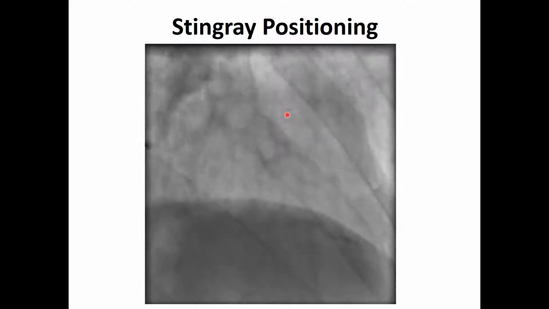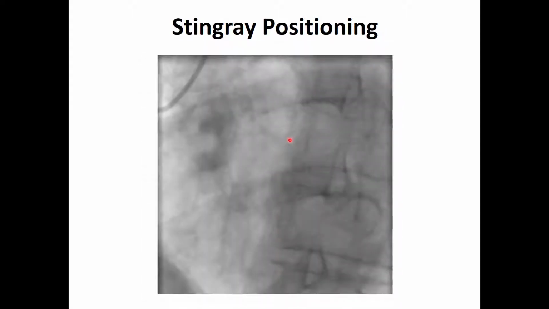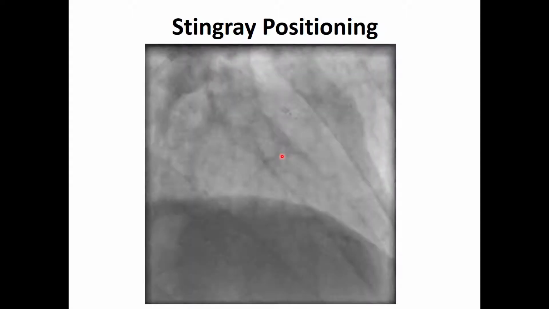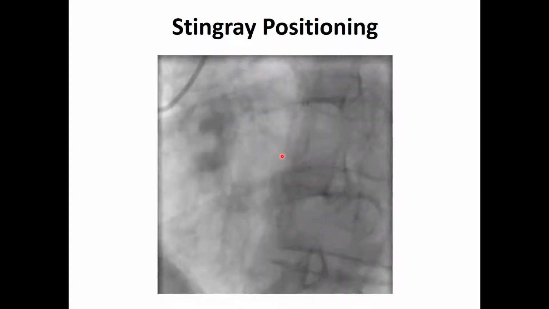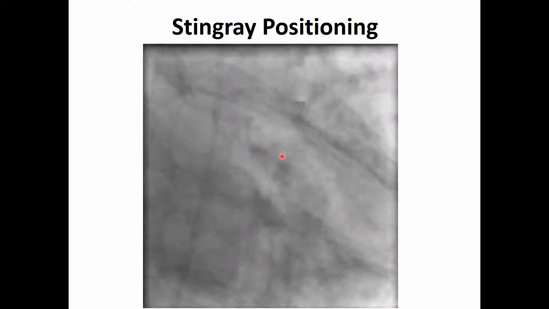This is another view of the Stingray wire. And this is the stick and swap going to the true lumen through the proximal port of the Stingray balloon. The Pilot 200 gained the true lumen distally, switched to a workhorse, proximal stenting of the LAD, and this is the final result.